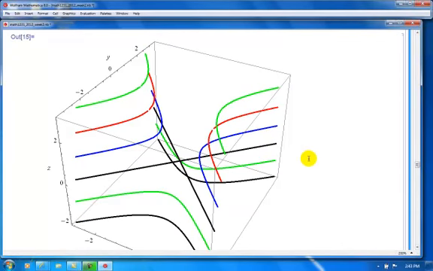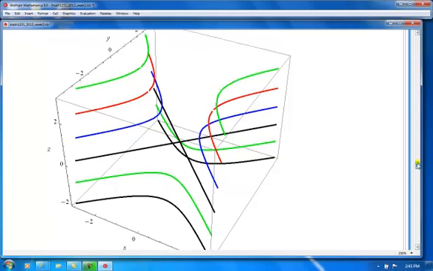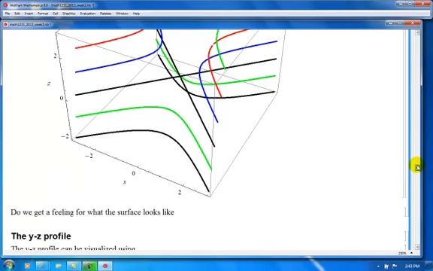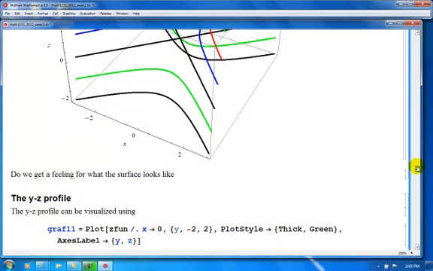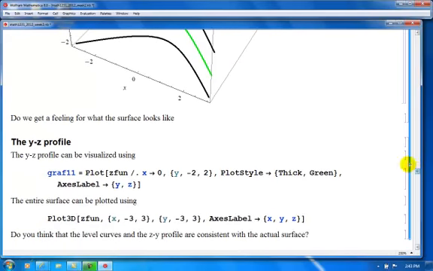So for positive values of c, they look like they're some kind of hyperboloid up here, and for negative values of c, they're down here. That gives us some idea what they look like.